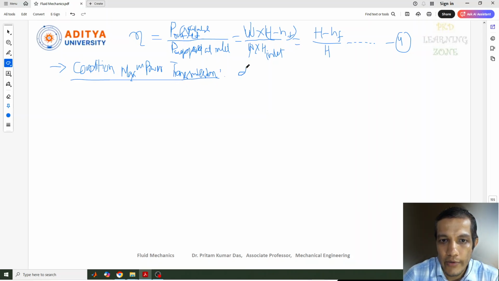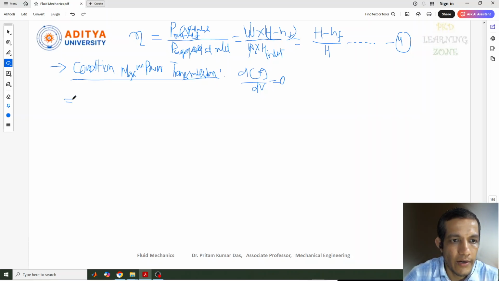So what we need to do is take the derivative of the power equation with respect to V. That should be equal to 0. So what we can write now: derivative of power.